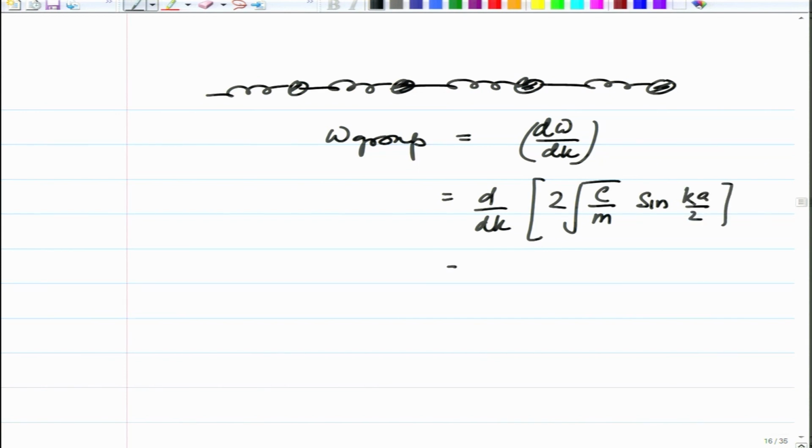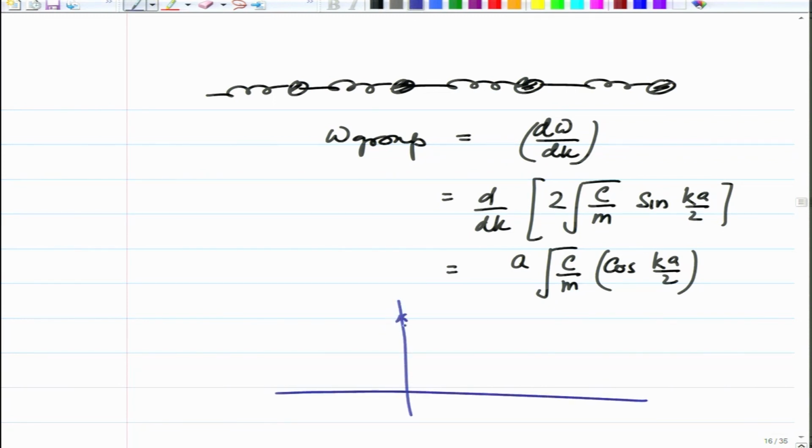So, this becomes equal to a root c over m cosine of Ka by 2. This is the group velocity, and if I plot it, it is maximum at k equal to 0 and then goes down like a cos curve and becomes 0 at pi by a, and the same thing on the other side, it becomes 0 at minus pi by a. So, information in any lattice would travel with the group velocity.